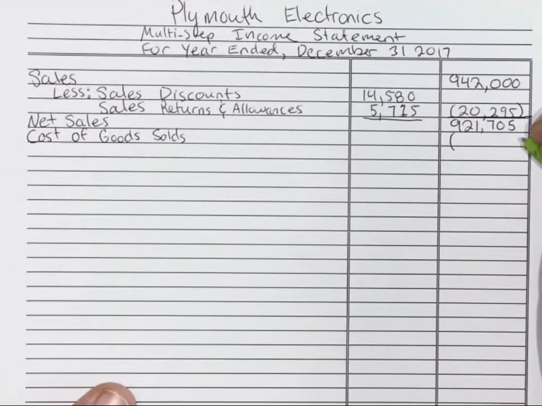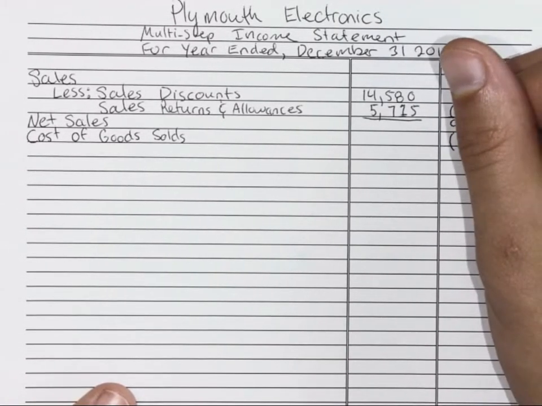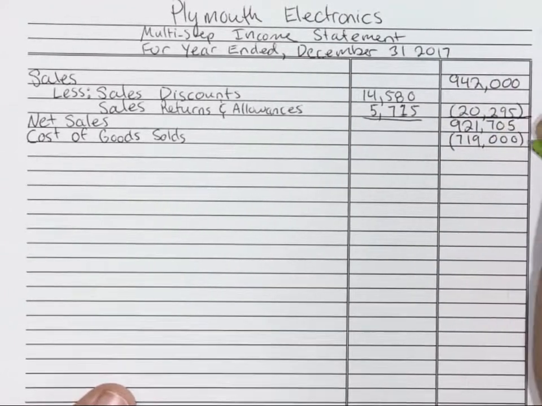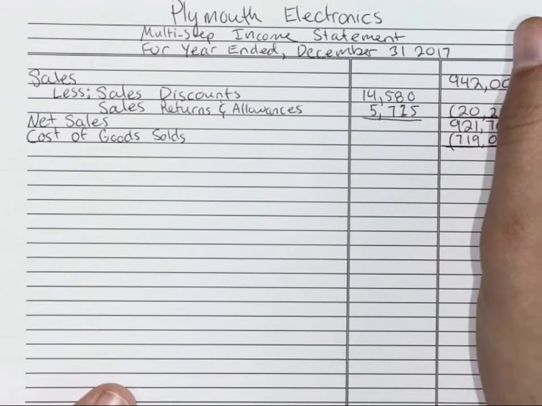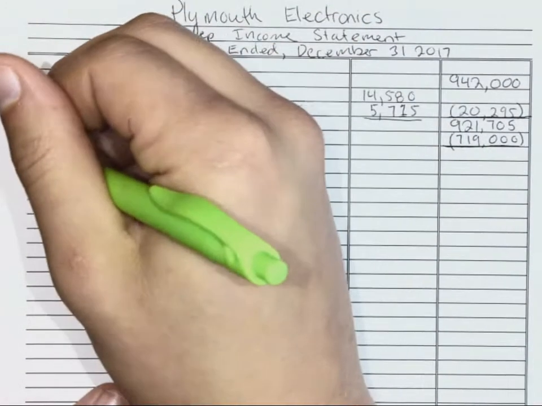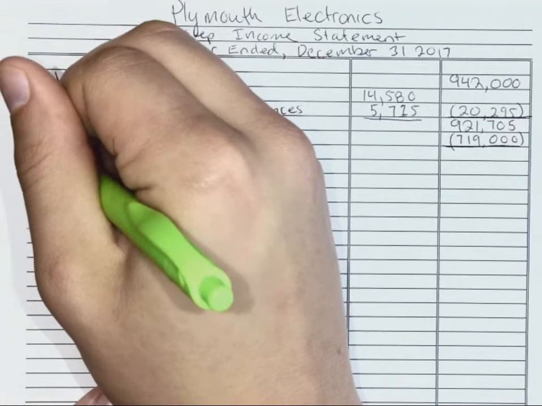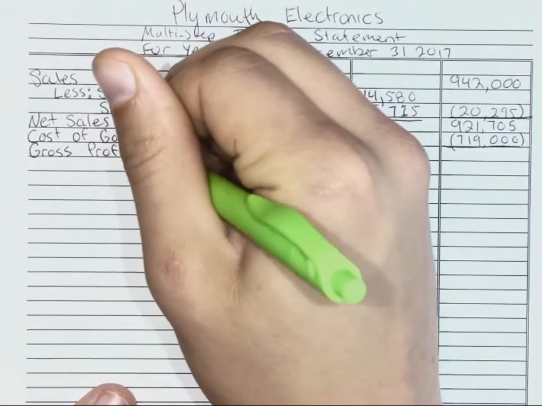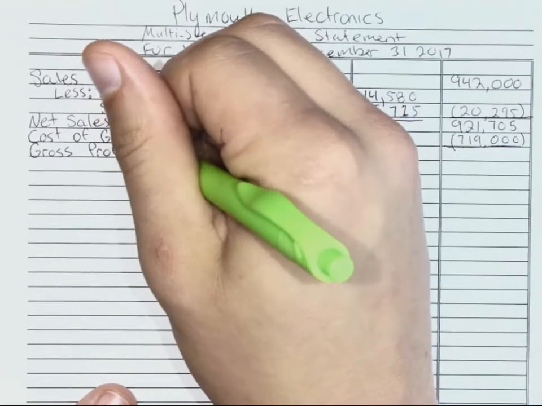And that total is $719,000. So gross profit from sales, it can also be called contribution margin.